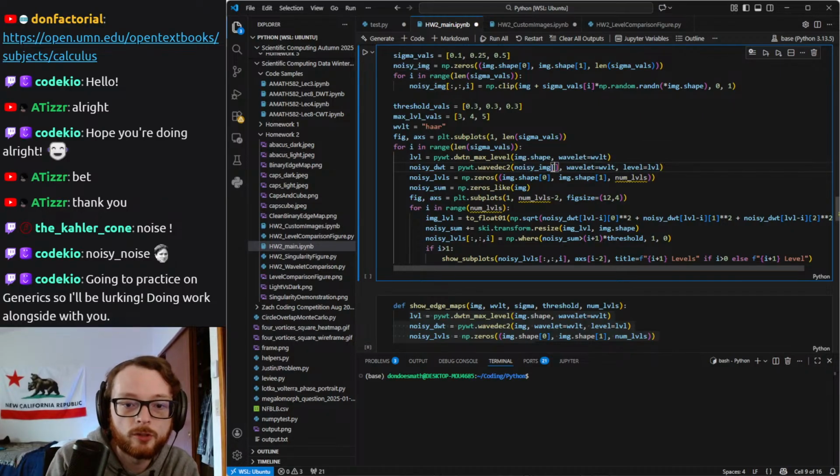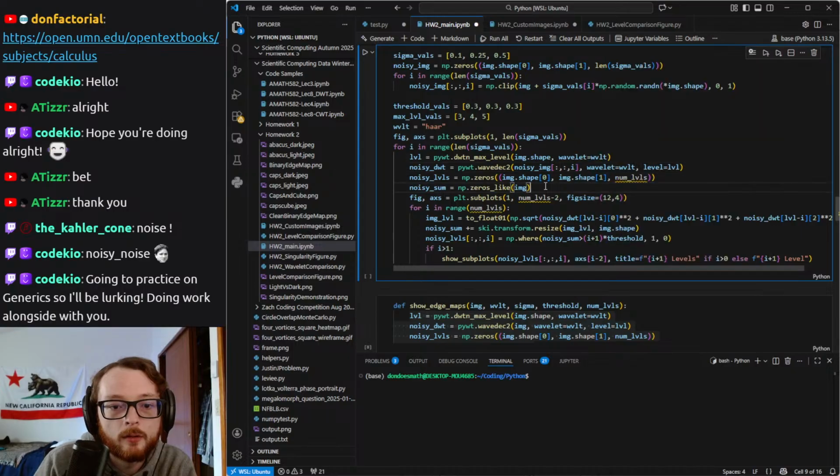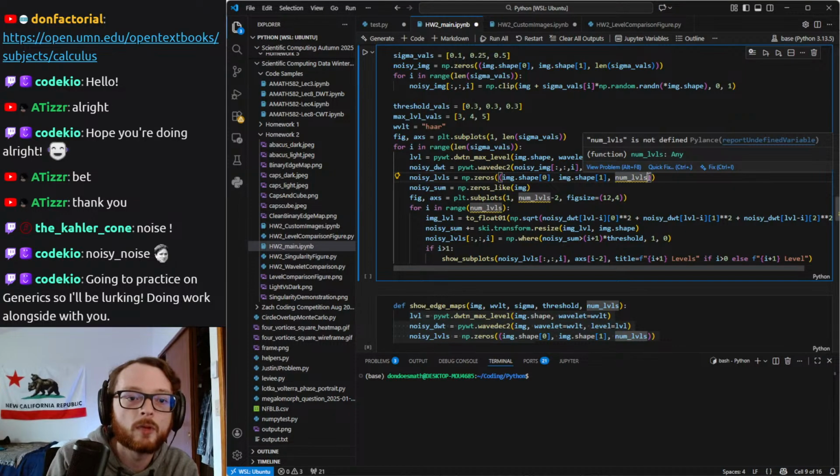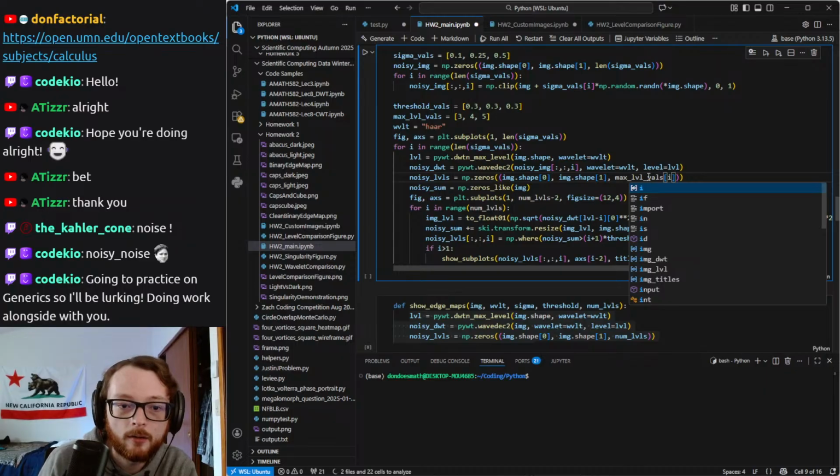Noisy img i. Noisy levels, np.zeros, that's fine. Num levels should be this level vals i.